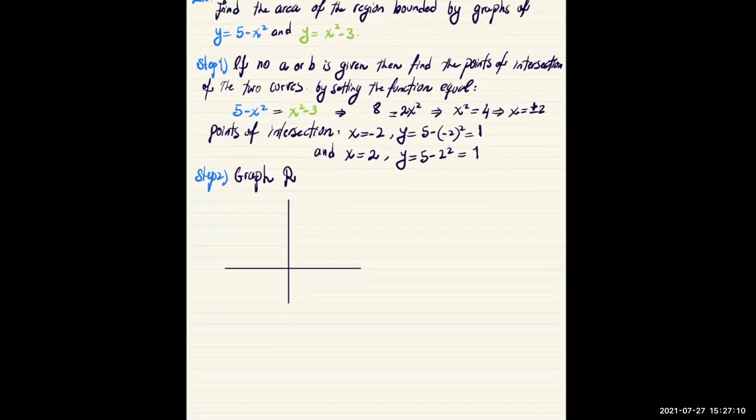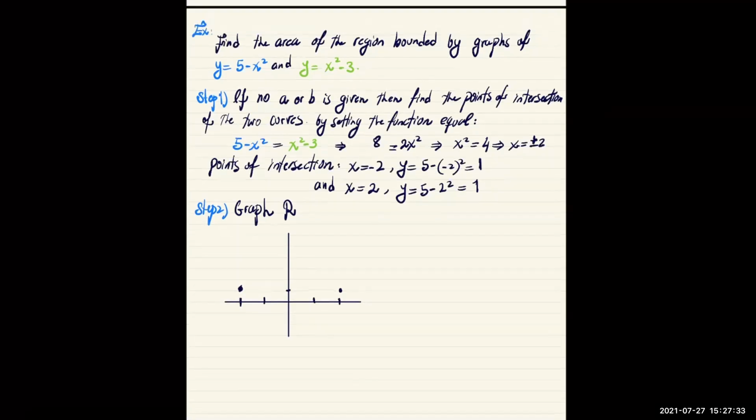But let's just look at the points of intersection. We have -2, 1, and 2, 1. Those are the intersection points of the two functions.